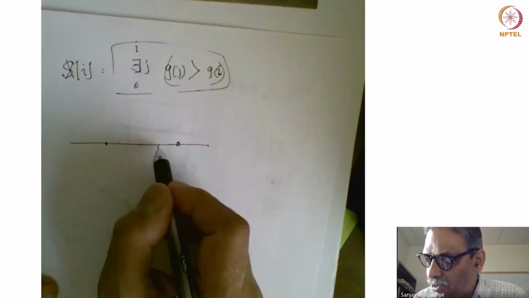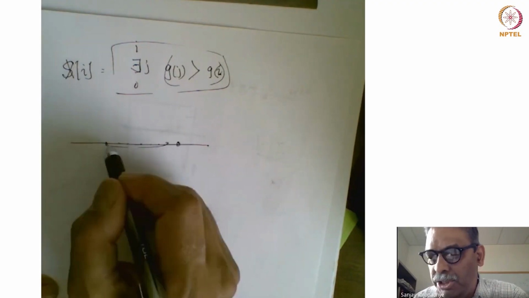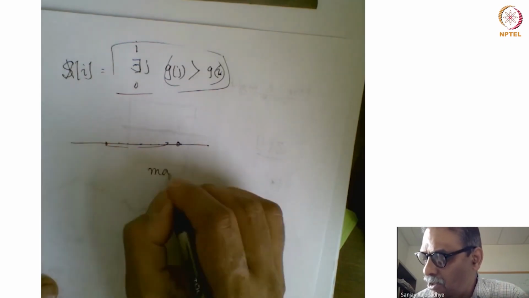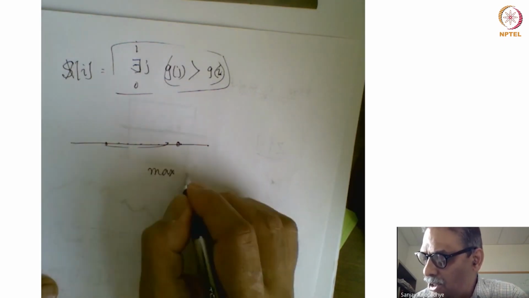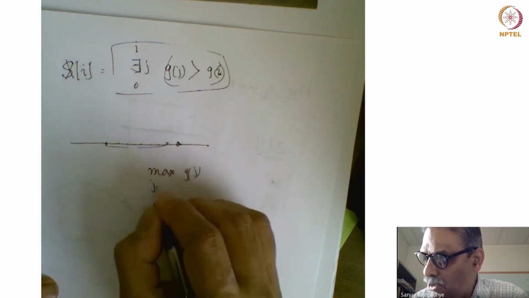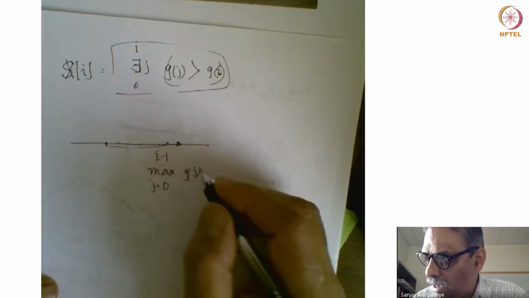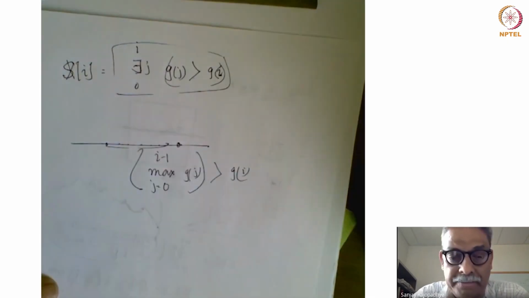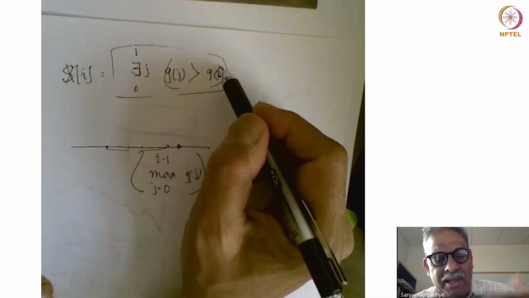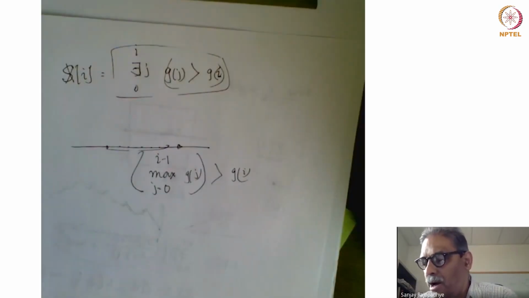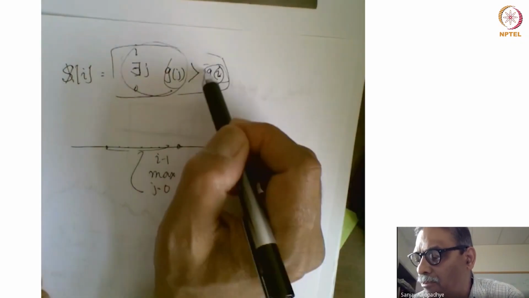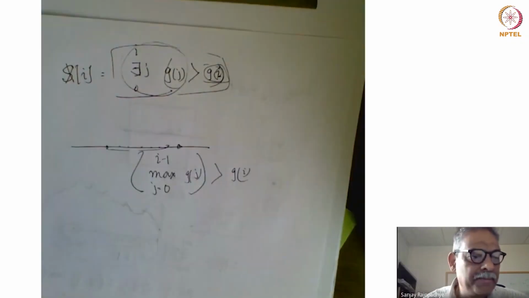If there exists one point whose g is greater than this, it's the same as saying that the max of gj, j equals 0 to i minus 1, is greater than gi. It's something like a distributive property. I'm evaluating over only the g's, and this term is independent of j, and I'm pulling it outside.